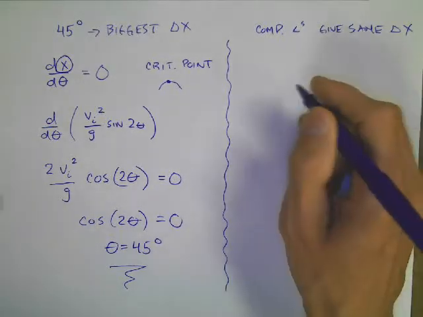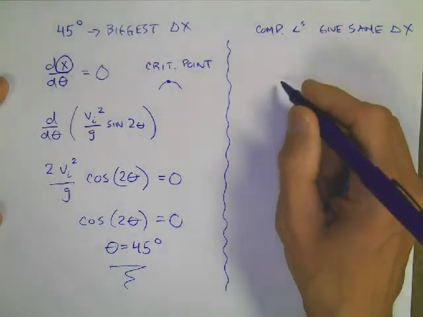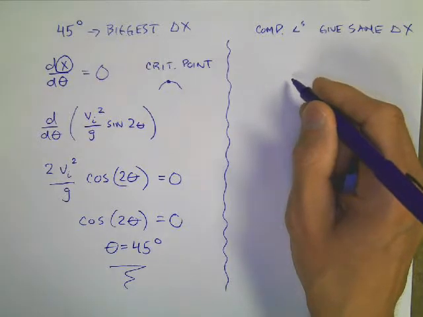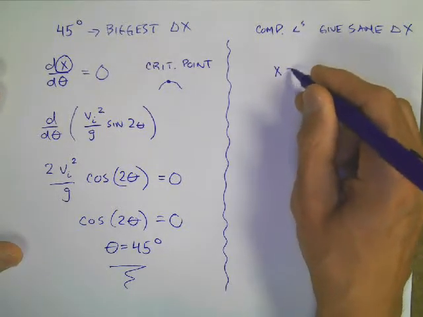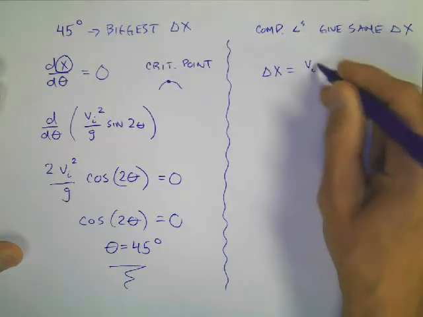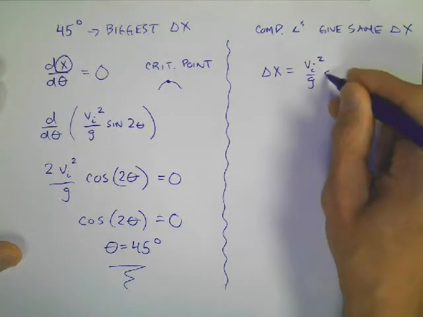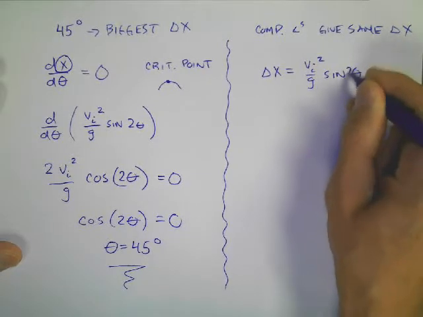And that's pretty easy to see because if you think about it, again, the range equation is your delta x equal to v initial squared over g times the sine of 2 theta.